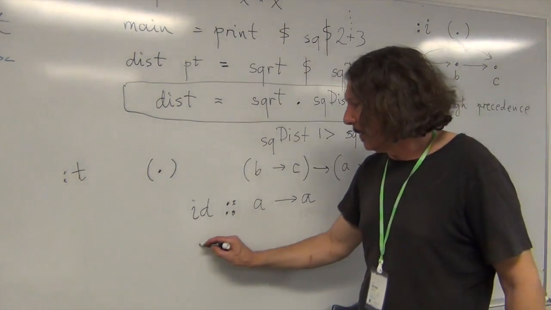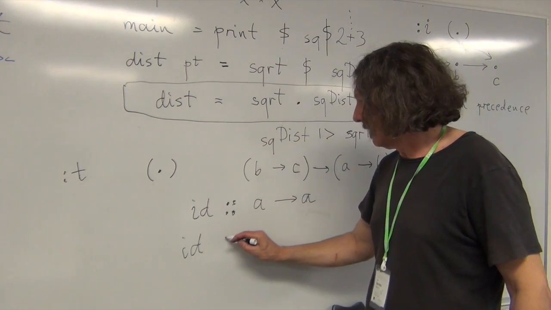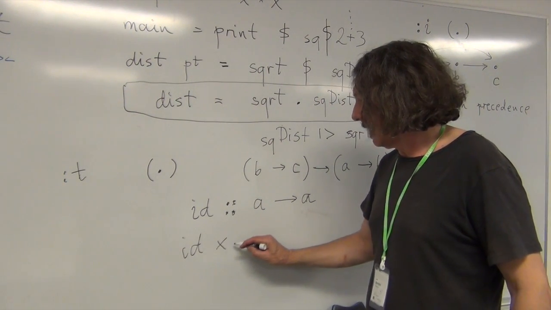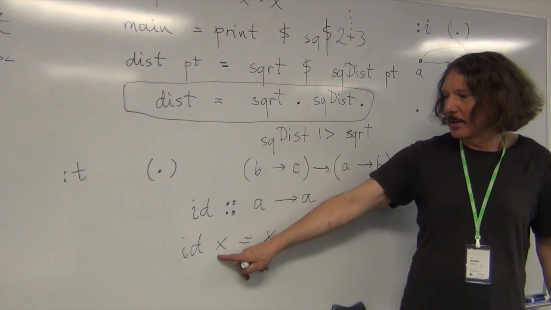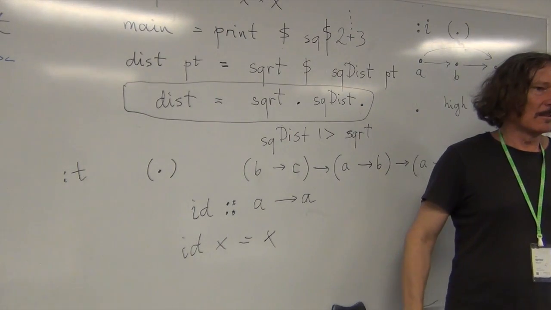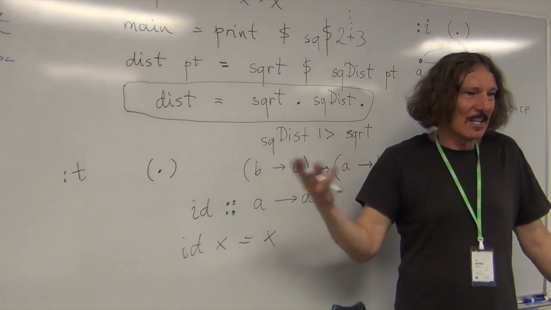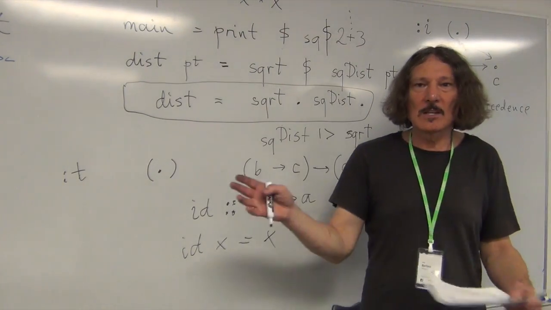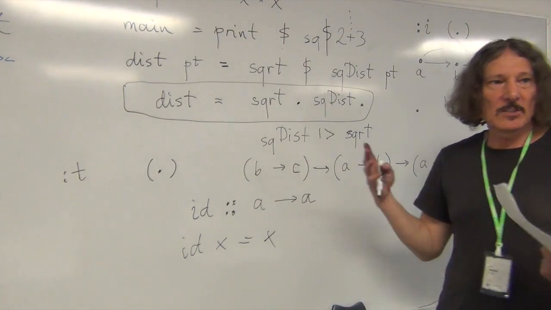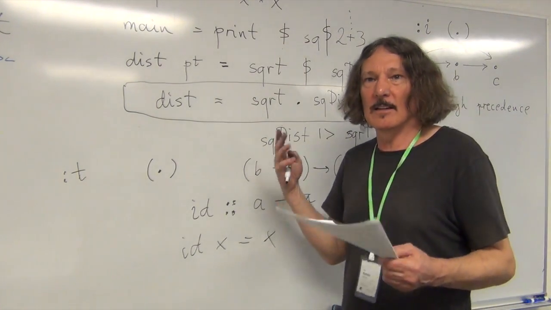Its implementation is also very simple: ID x equals x. Whatever x you pass it, it just returns it back. It doesn't change anything. No transformation whatsoever. So a function that does not transform anything is an identity.